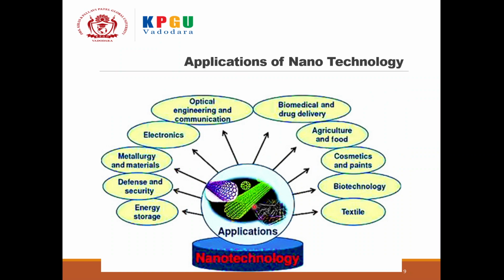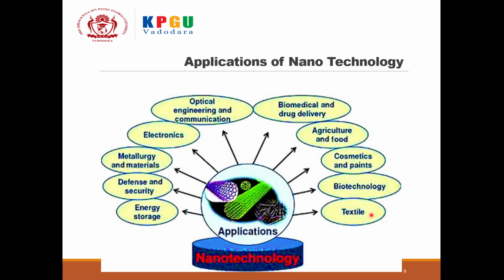Here are examples of application of nanotechnology. Does it have application in engineering? It has application in engineering, in pharmaceutical, in medical, in agriculture, in almost every field. Some examples are quoted here.